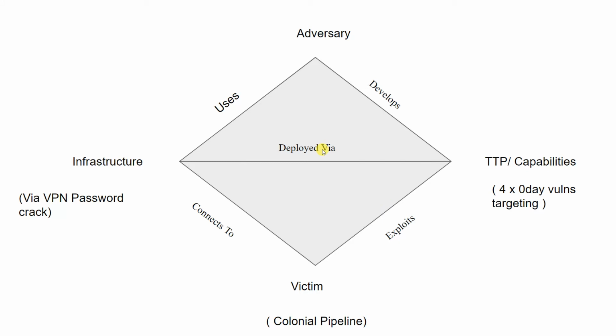And as any cybersecurity professional would say, this approach is self-explanatory but yet sometimes confusing. So it was deployed via a virtual private network, and when it comes to the adversary, I believe till now we still don't know who the adversary was.